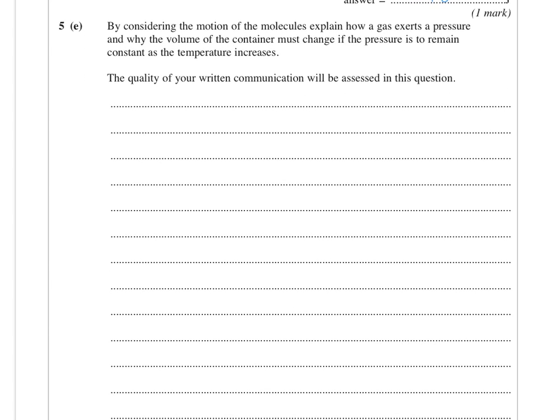By considering the motion of the molecules, explain how a gas exerts a pressure and why the volume of the container must change if pressure is to remain constant as temperature increases. Okay, so the first thing is pressure is the force divided by the area of a container, and a force is rate of change of momentum, like this, and then there's the time between collisions here.